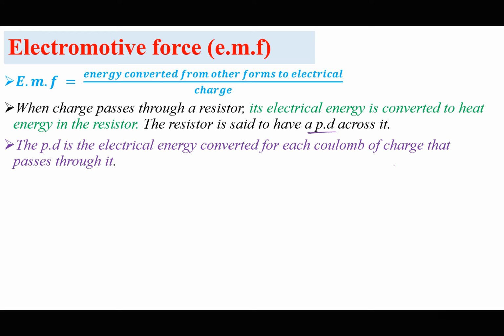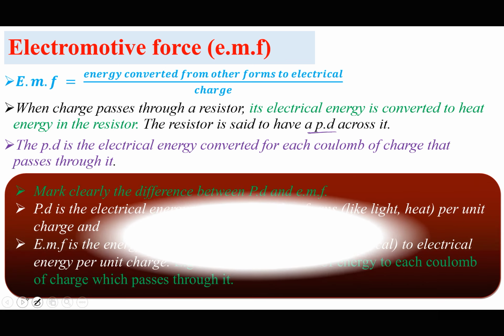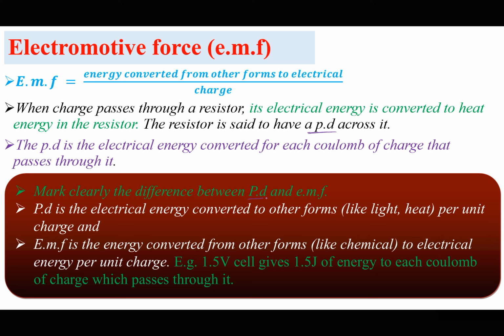But for the EMF, it is the energy converted from other forms to electrical, which now becomes other forms such as heat when the charge passes through an electrical device or a resistor or anything which uses energy. So I want you to mark clearly the difference between PD and EMF.